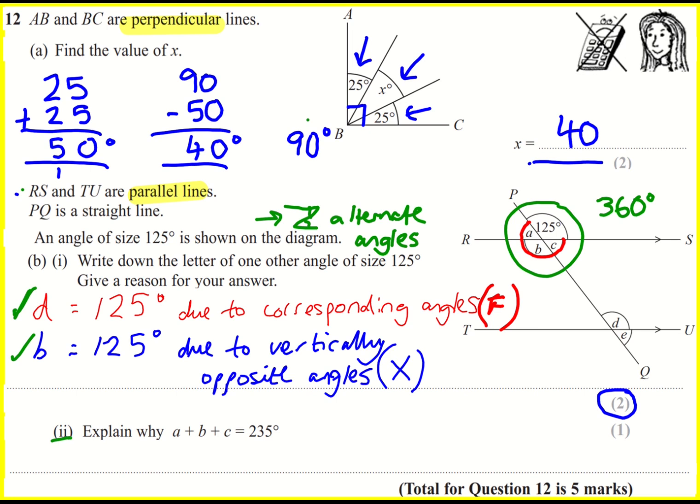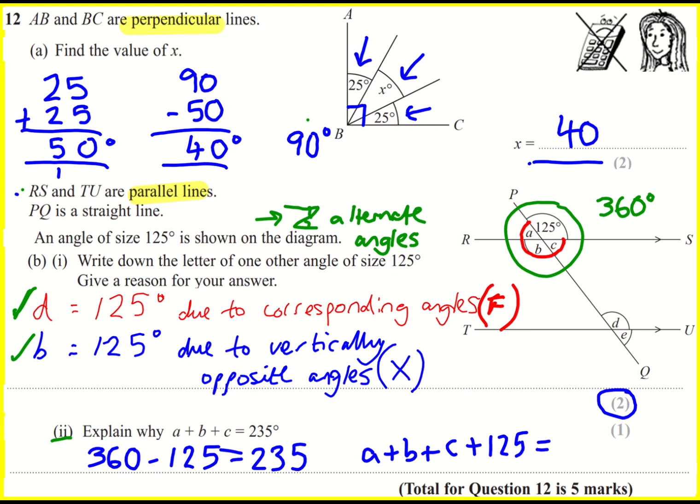And 360 take away 125 equals 235. And you can put A plus B plus C plus 125 equals 360. As long as you've referred to 360 there, you would get a mark.